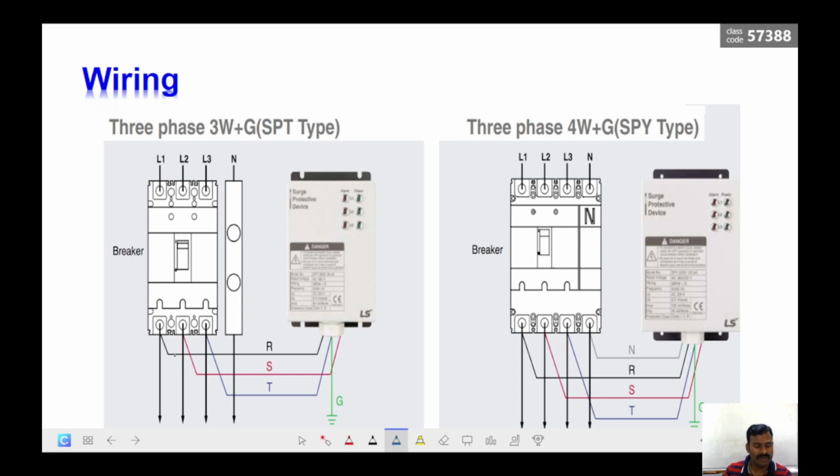Whenever normal operating conditions are taking place, the current flowing through this is not enough to trigger the SPD. When the surge current comes through this device, it triggers the SPD, and the surge current is bypassed to the ground. It depends upon the type of SPD you are going to use, and based on that the triggering will take place.